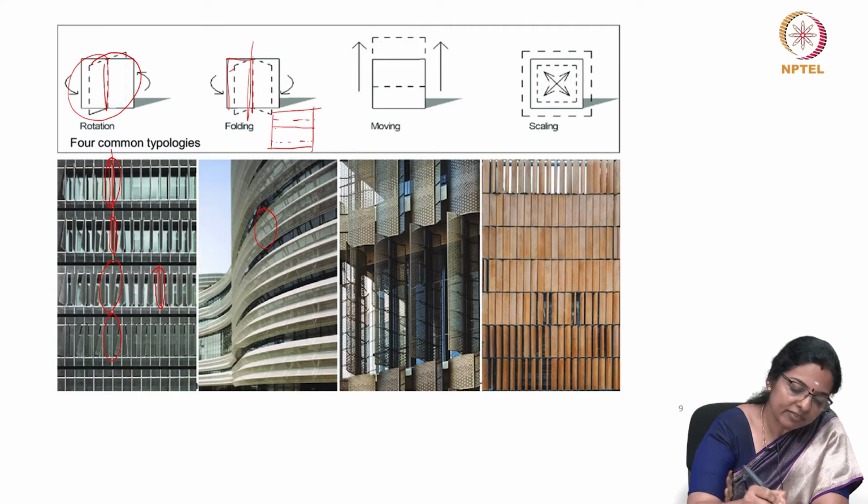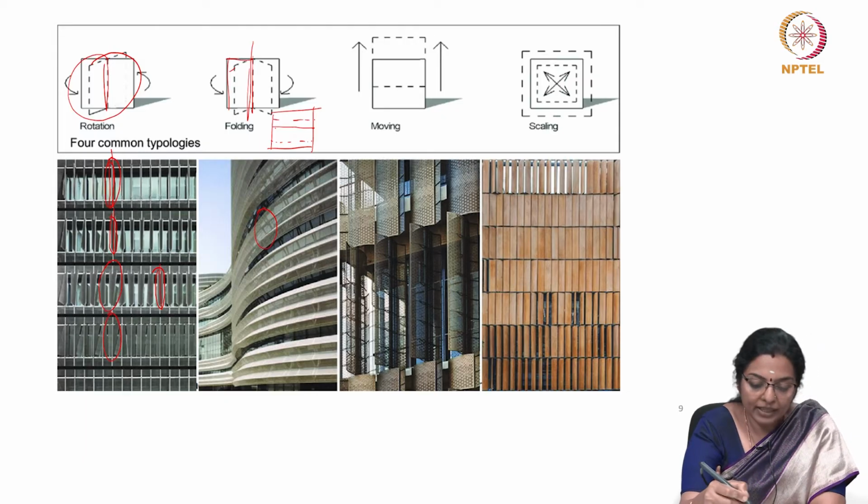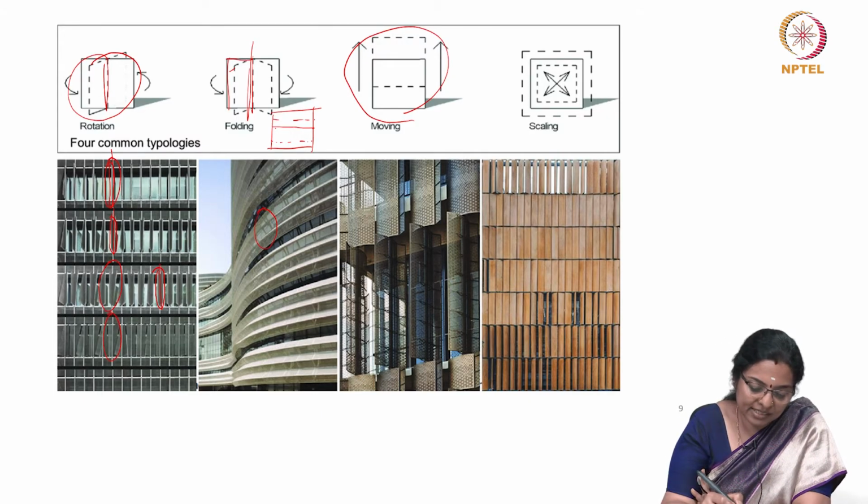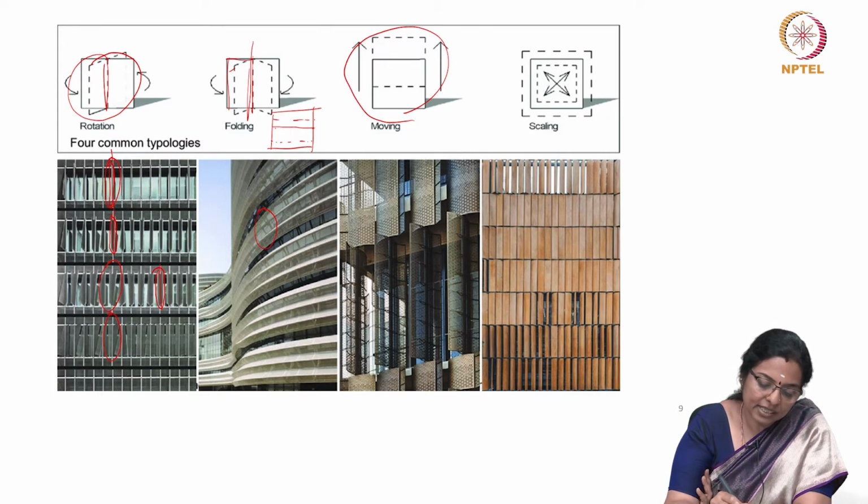Or it could be a moving one where it slides up and down or slides sideward. You can see here it slides along the sides or it can move up and down.